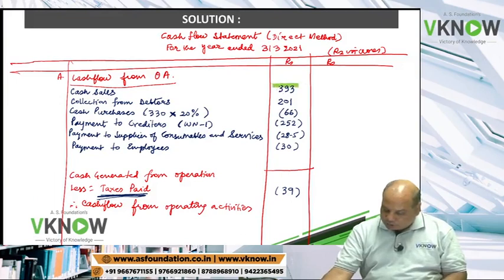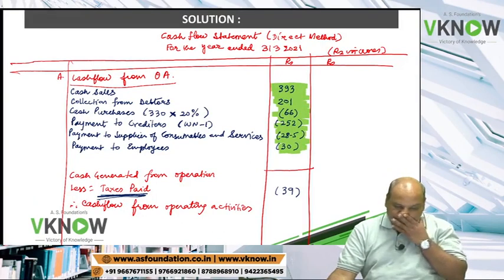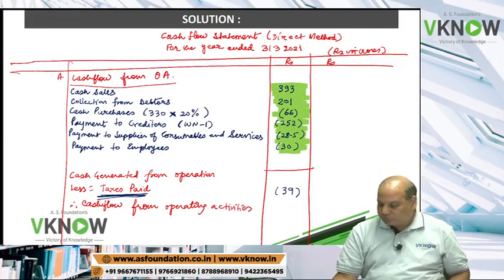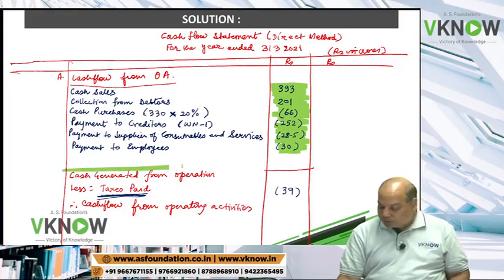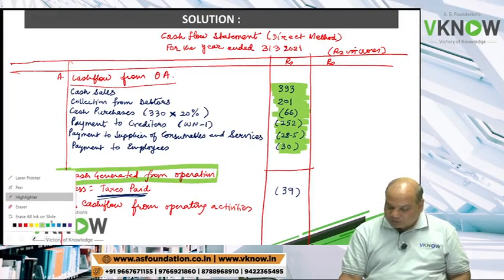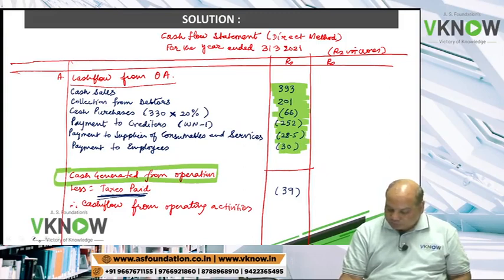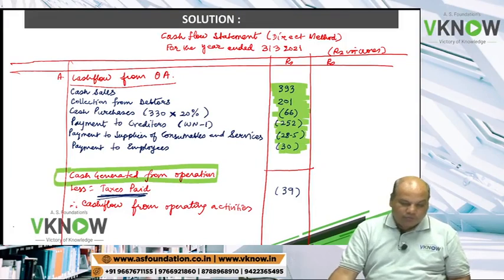Take the total of these 6 items first. That will give you cash generated from operation.